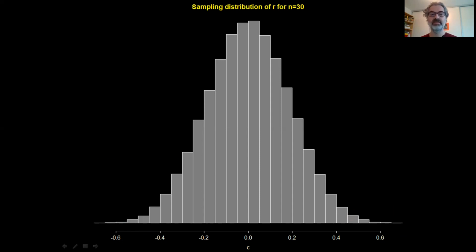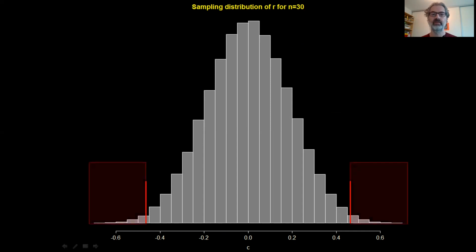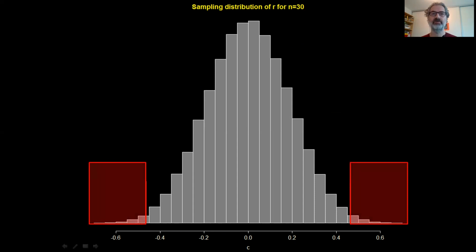Now, what is the probability of these high values? Let us indicate our actual obtained value of 0.46, and we're going to do it on both sides, because a value of 0.46 and a value of minus 0.46 are equally likely or unlikely when sampling from the symmetric null. The proportion of samples that have such values or farther from 0 for R when sampling from the null is actually quite low.